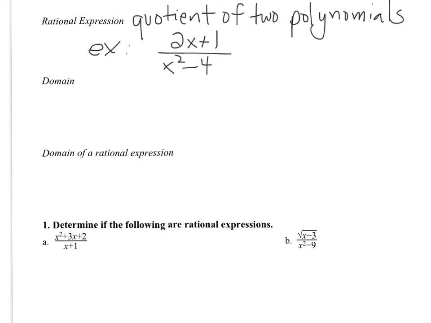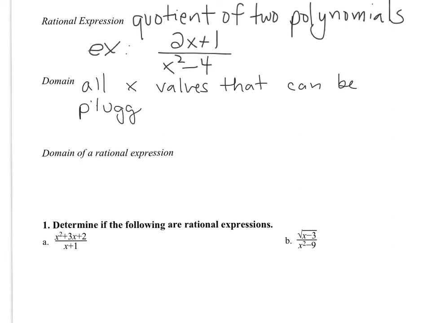And so the domain, we say, are all x values that can be plugged into an expression. Now you might say, well, that's everything, but some relations you can't plug certain x values in. They don't work. And a rational expression is a really unique one of those cases.